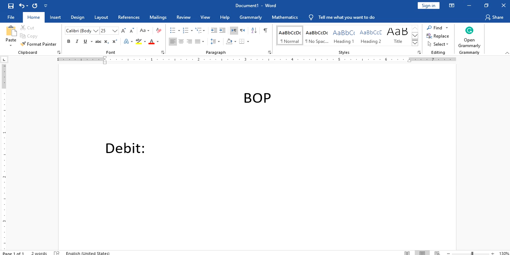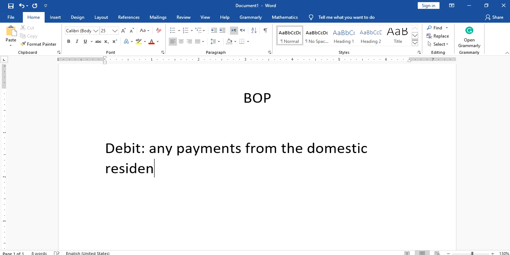So any payments from the nation or domestic residents to the world would be debited. Okay, any payments.